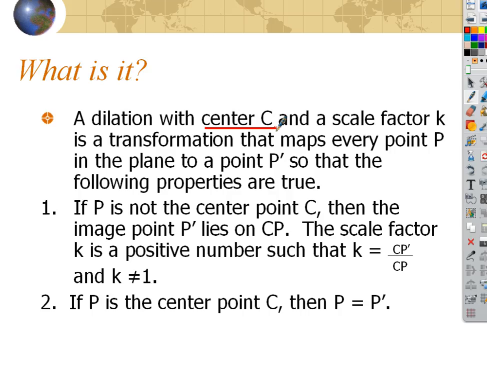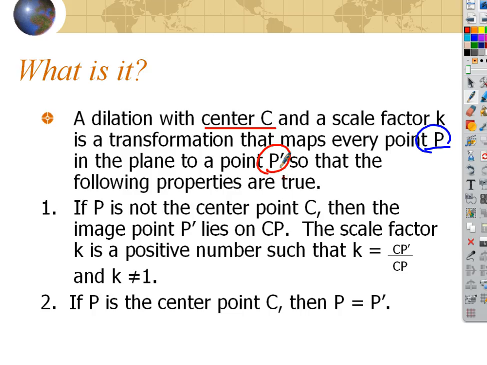So, like before, the original point, the pre-image, is going to be P, right? And the image is P prime. So we start with P, and that's going to be blue in all the pictures we look at in this slideshow.